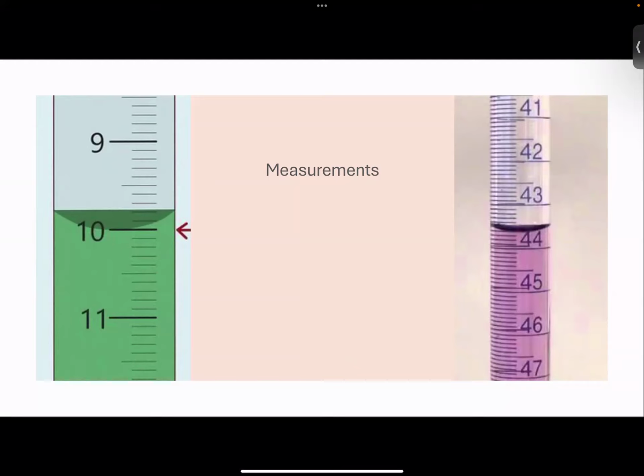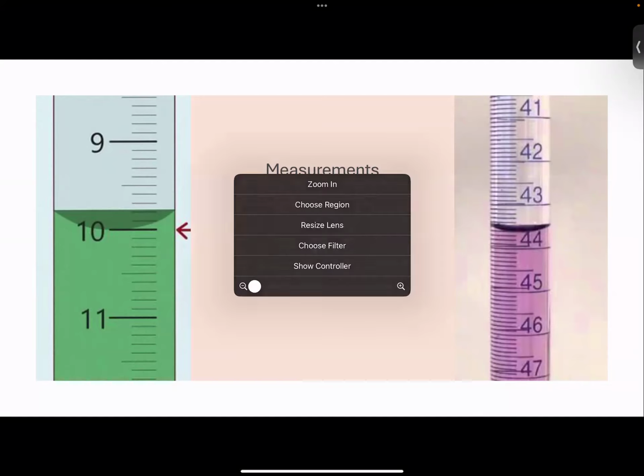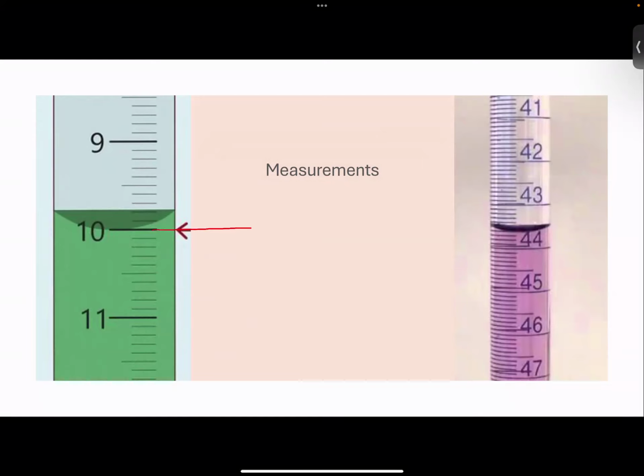In this case, I'm going to read top to bottom because 9 is here, 10, 11. I always read from the lowest number. Again, I'm reading at the bottom of the meniscus. So it's going to be 10. Can I read 10.1? 10.2? 10.3?